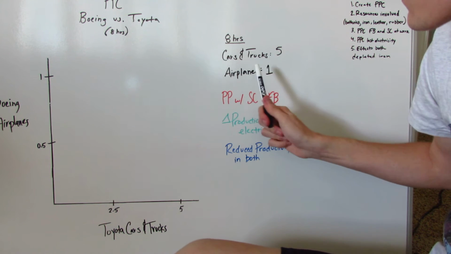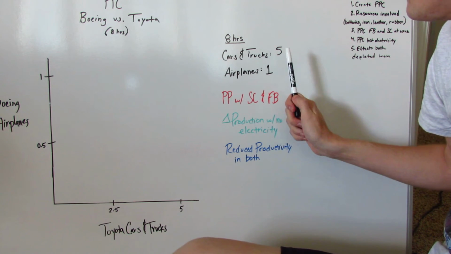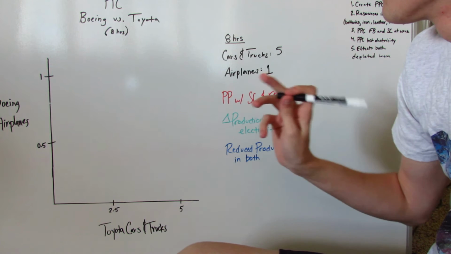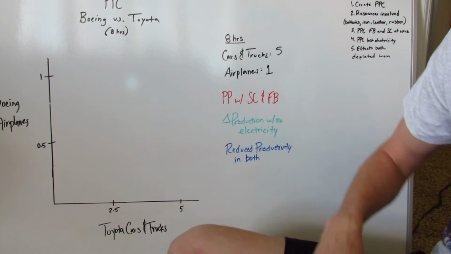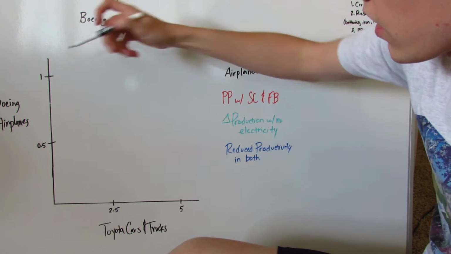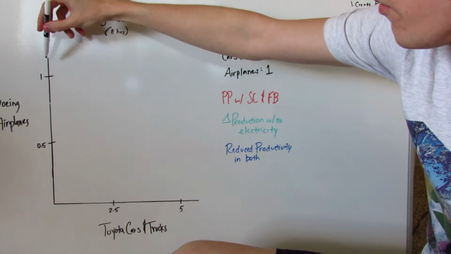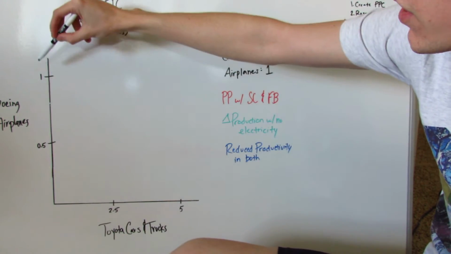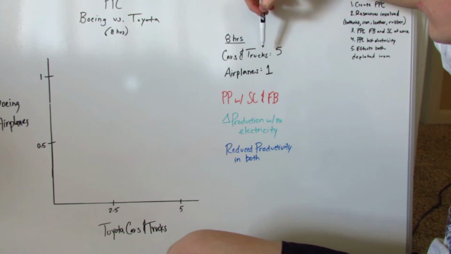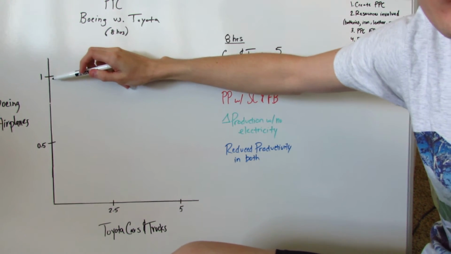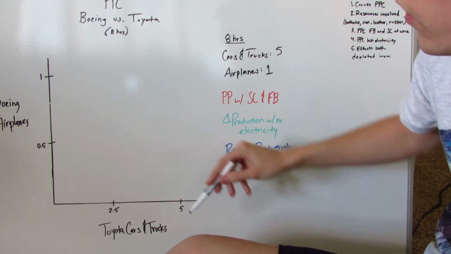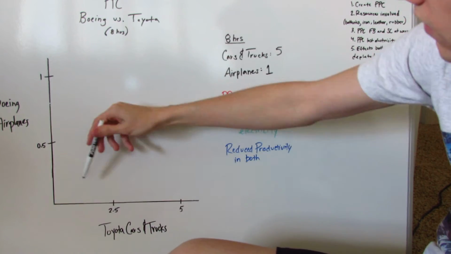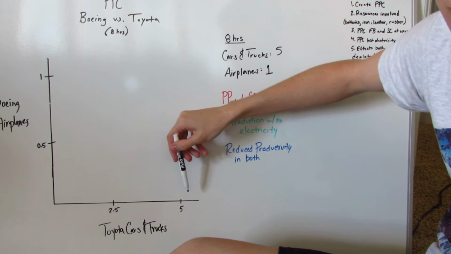So we have a maximum possibility of 5 cars or trucks per 8 hours and 1 Boeing airplane per 8 hours. To make this a production possibility curve, we have to label the maximum of Boeing airplanes given that we produce no cars and trucks, which is 1, and the maximum possible cars given that we produce no airplanes, which is 5 cars or trucks.